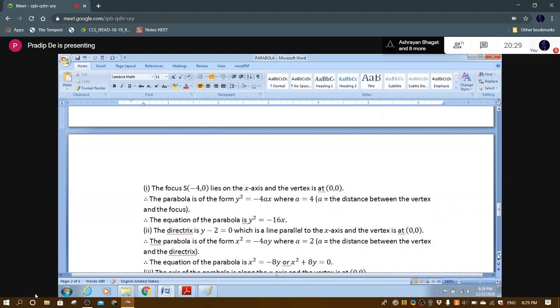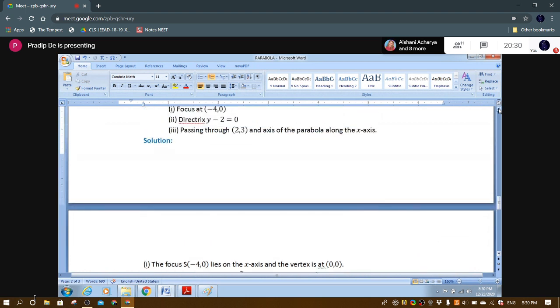So the parabola is of the form x squared equal to minus 4ay, where a is 2, that is the distance between the vertex and the directrix. So the equation is x squared equal to minus 8y, because a is 2, or x squared plus 8y is equal to 0. Okay, understood? Yes, sir.